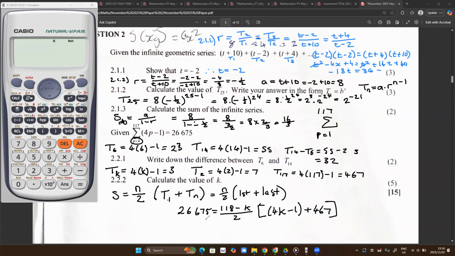So let's see. What's the quickest way of doing this? Well, I suppose we could times everything by 2. That would work. So yeah, let's times everything by 2. So then we get 53350, don't we? I should really start using the calculator.